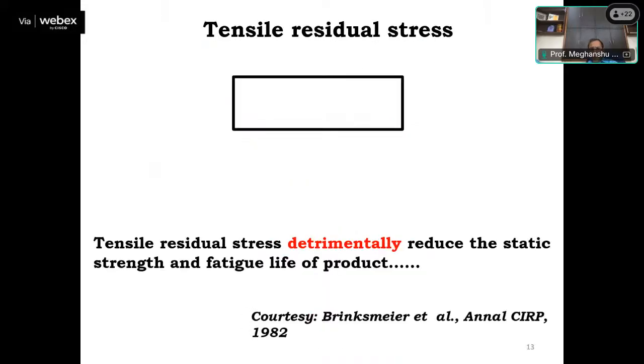Now the big question is, why is tensile residual stress detrimental? If we look into this rectangular block, and suppose this rectangular block is a manufactured component from a supplied or raw material, then all of us know very well that nowadays we are not able to produce a perfect workpiece material. We are not able to produce 100% accurate workpiece material or component.